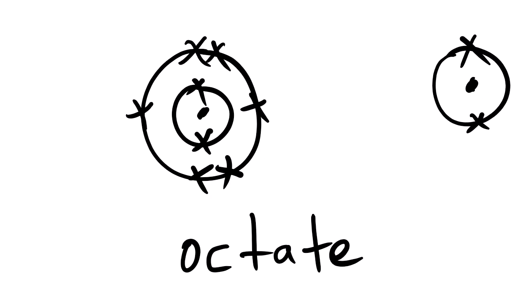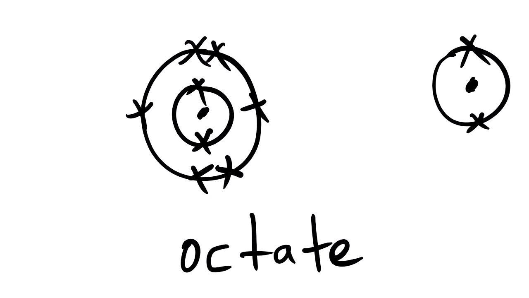will fill the shell. To fill the first shell you need only 2, but to fill the outermost shell you need 8. That's why we say filling the first shell is doublet, and filling the second shell is octet.